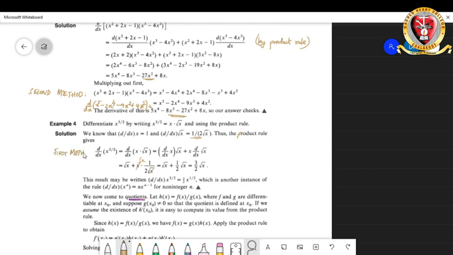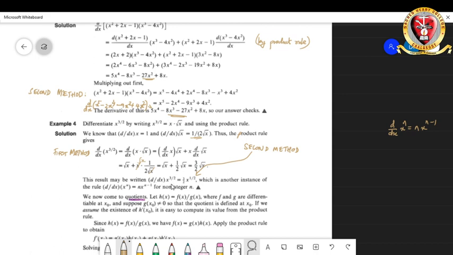The second method is just straightforward, apply d by dx of x raised to n is equal to n x raised to n minus 1. So that is what we have written here.